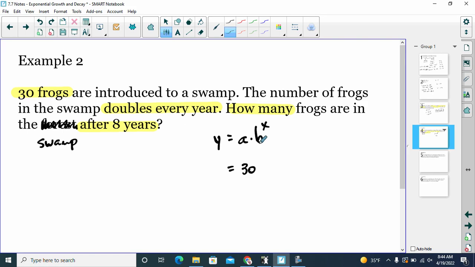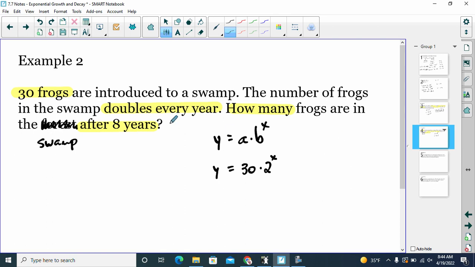B is the growth factor. The problem says that the number of frogs in the swamp doubles every year. If it is doubling, our growth factor is 2. That is the exponential equation that we are looking for, y equals 30 times 2 to the x.